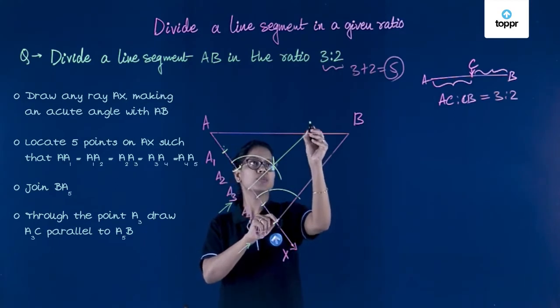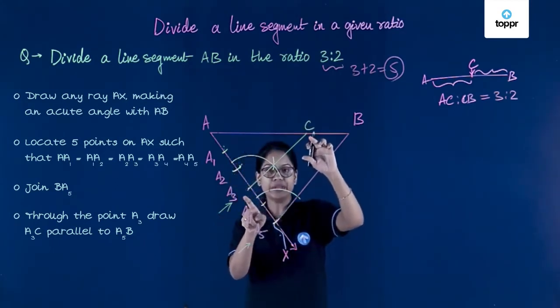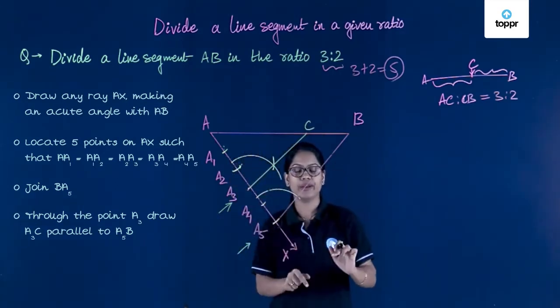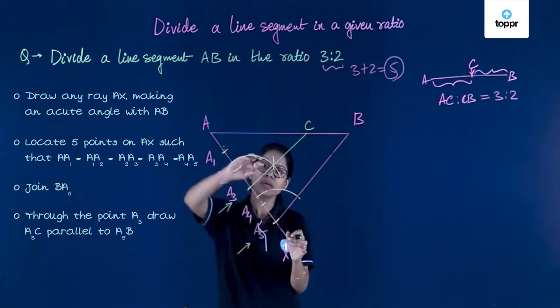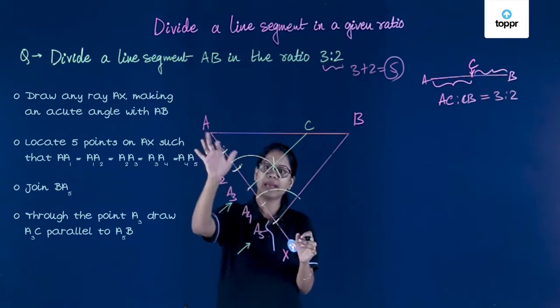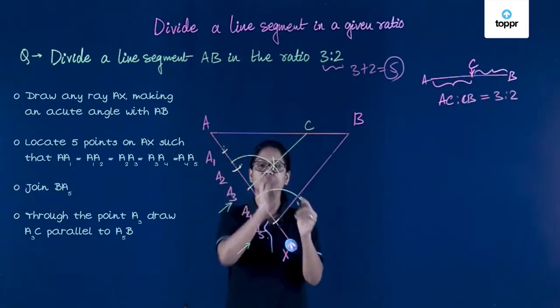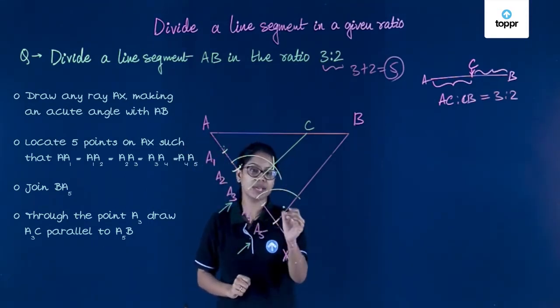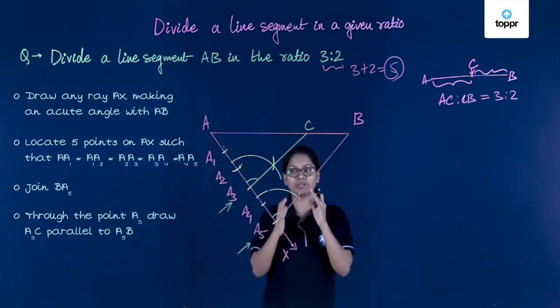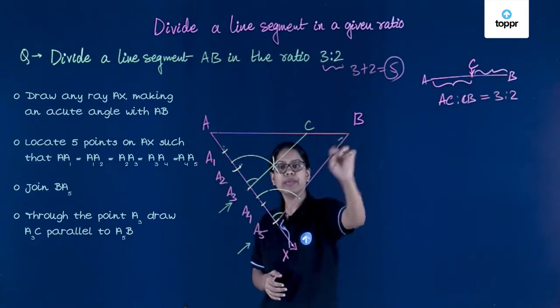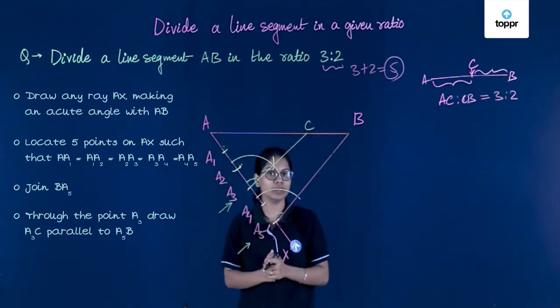Let's mark this as the point C. CA3 is parallel to BA5, and the reason it's parallel is by construction we have constructed an angle here. By angle I mean the angle AA3C, this angle same as this angle, and they are a pair of corresponding angles, so that makes the lines BA5 and CA3 parallel to each other.